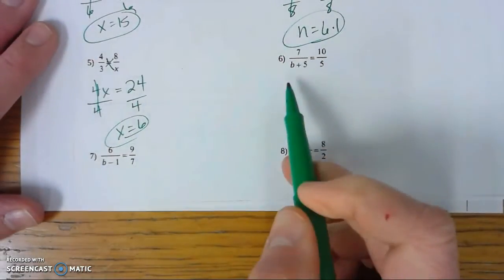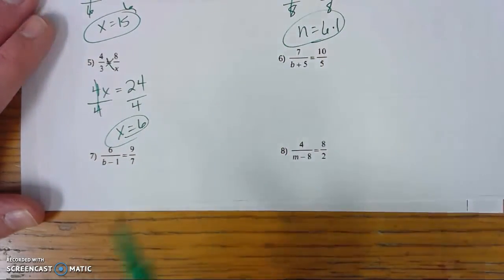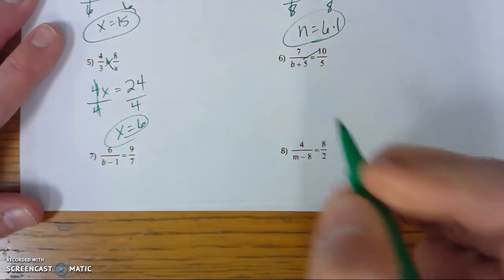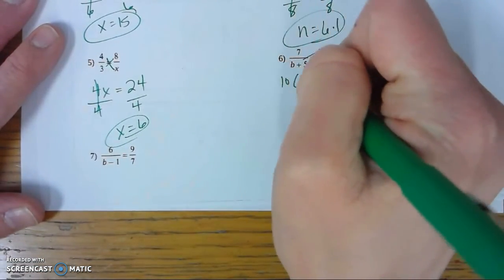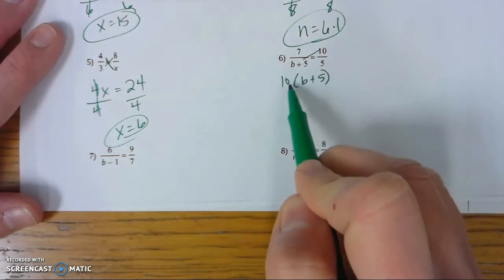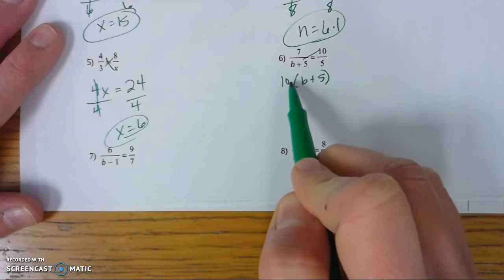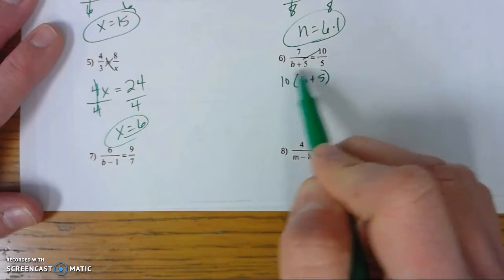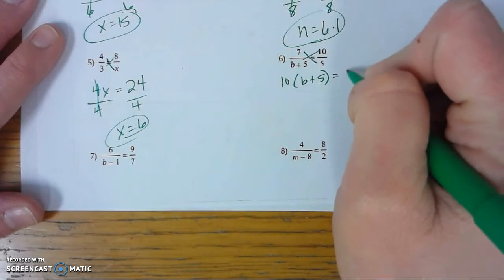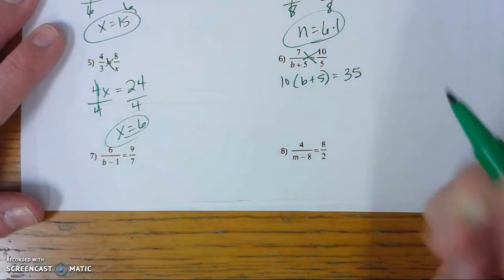Now we have an expression instead of just a variable, but we're still going to use the cross product. 10 times b plus 5, I'm just going to write next to each other with parentheses. I know that a number next to parentheses means multiplication, and then I can distribute this in my next step. Then I do my other cross product, which is 7 times 5, so I get 35.